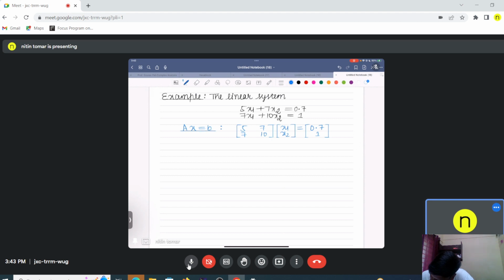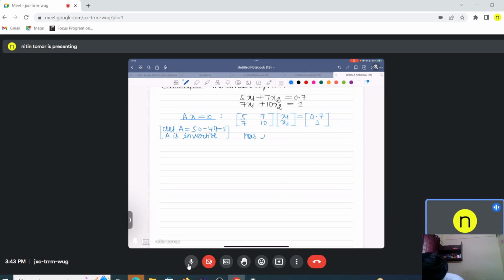This system, the determinant of A is 50 minus 49, which is 1. So A is invertible. We have proved earlier that A is an invertible matrix if and only if determinant is non-zero. So this system has a unique solution, and the solution x1, x2 is 0, 0.1.